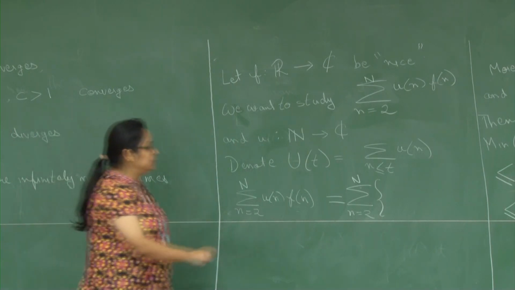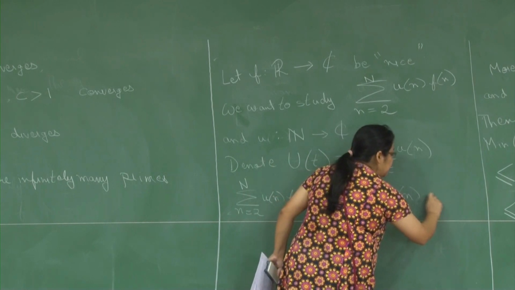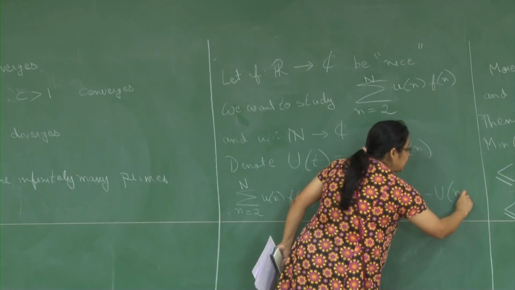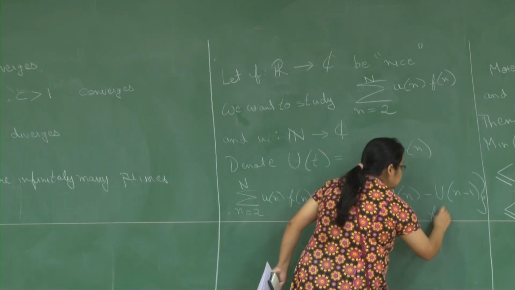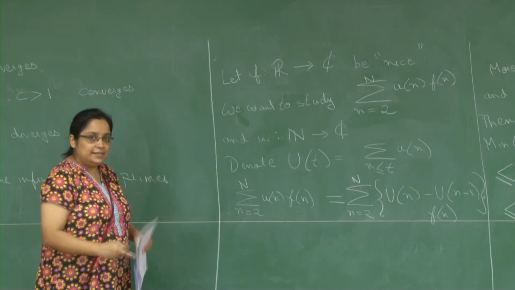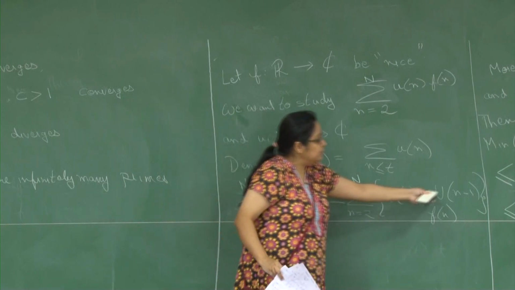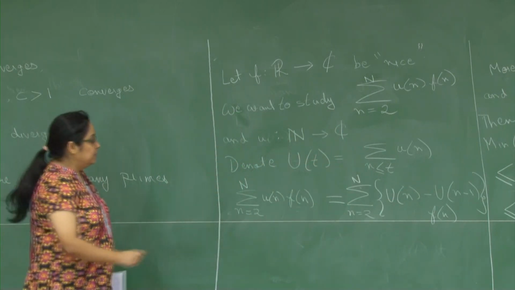Little u of n, I am just going to replace it by capital U of n minus capital U of n minus 1, times f of n. Notice capital U of n minus U of n minus 1 is exactly equal to little u of n.